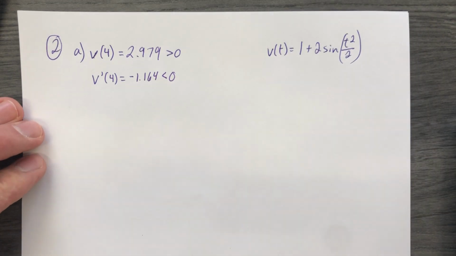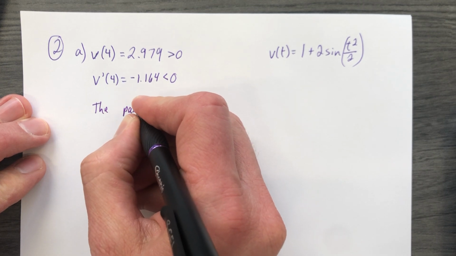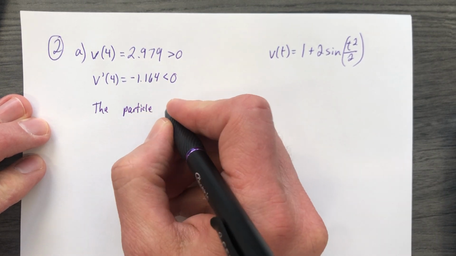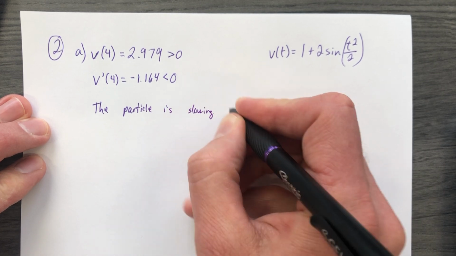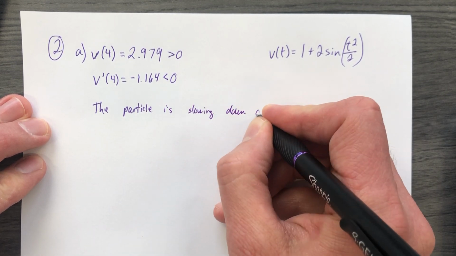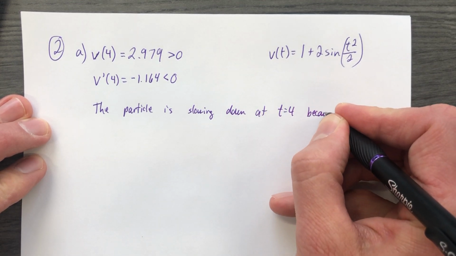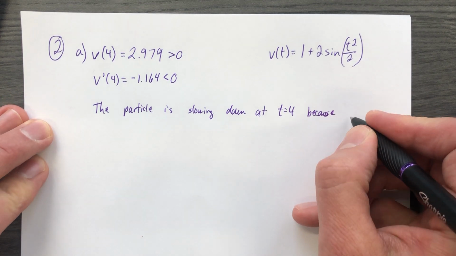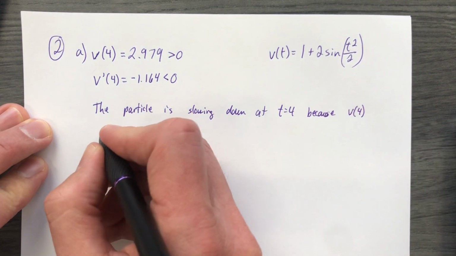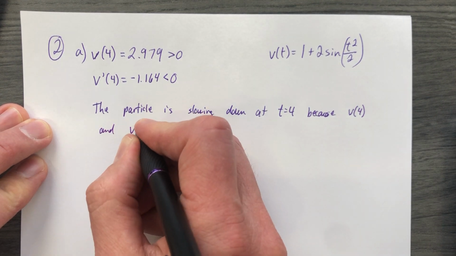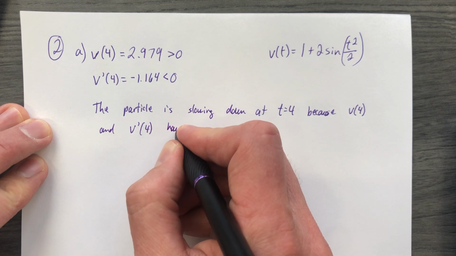And so therefore, my answer is that the particle is slowing down at t equals 4 because velocity and acceleration at 4 have different signs.